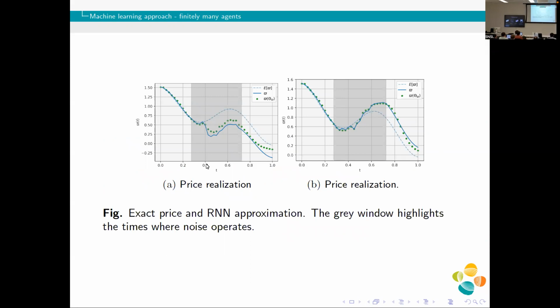And you'll see that there is a really nice agreement between the theoretical price from the Hamilton-Jacobi equation, the solid blue, and the green, which is what you get from these neural networks. And here you are really not limited by size.